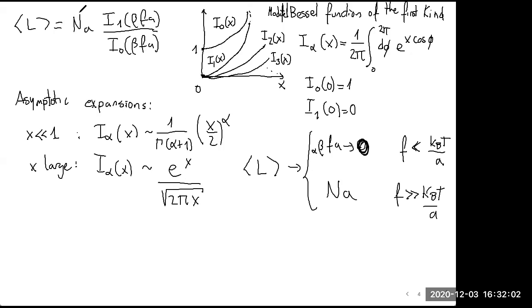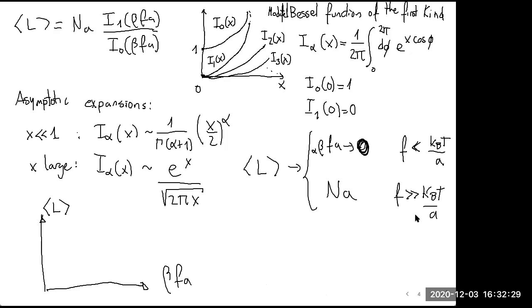So, and then you can plot. You can also do the plot of this with Mathematica, with MATLAB, whatever. So in the end, you can get the following figure. This will be beta Fa, and this will be average L of the polymer. So what you get is a dependency, which will be, okay, let me draw like this.